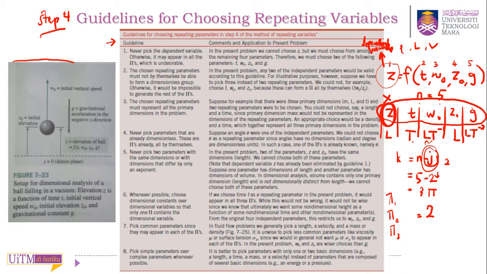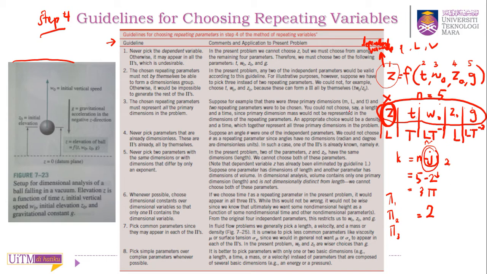Here, none of them can form a dimensionless group. Let's say your j number is 3, so you need to choose 3 repeating parameters.